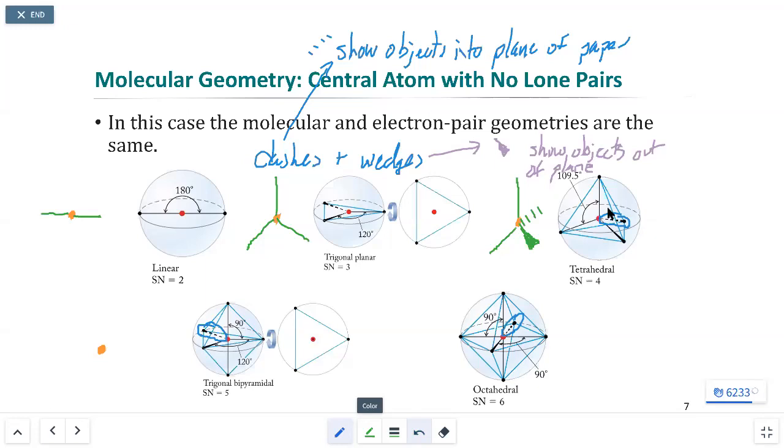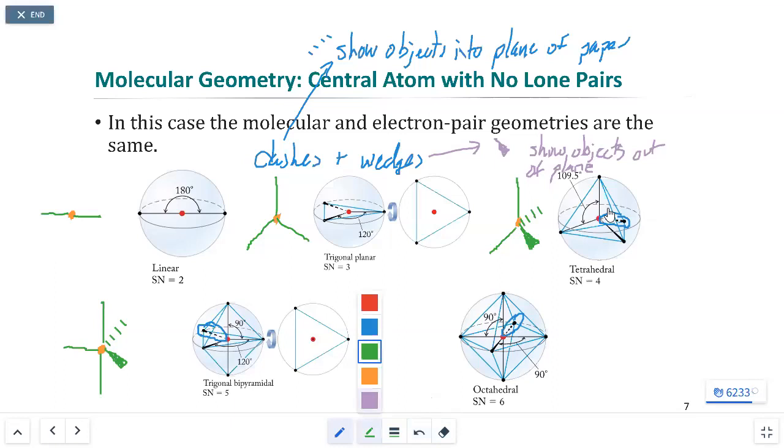What is more likely to be seen is what's shown in the diagram here, where I've got three here that are in the same plane, and then I'm showing two different positions coming out.